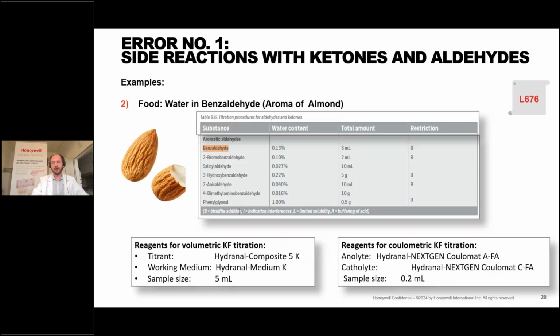And for those from the food industry, they may be interested in methanol-free reagents, as some famous aroma additives like that of almonds are made of aldehydes. And also here, if you're interested in the titration of aldehydes, I will recommend checking our lab report number 676.